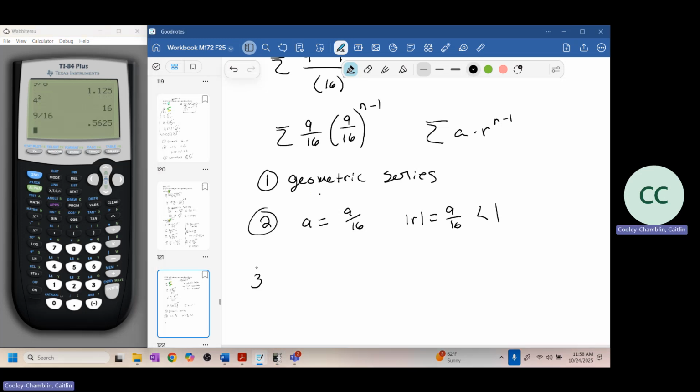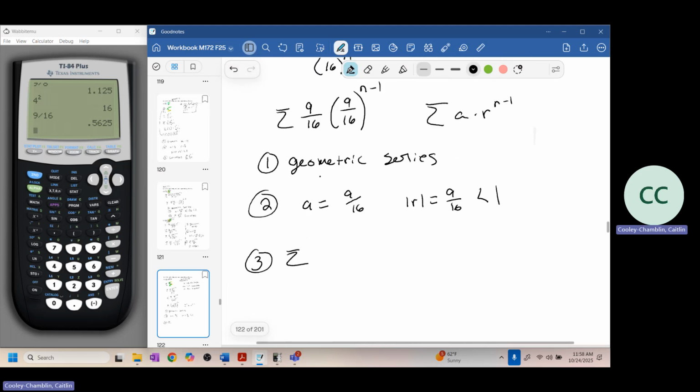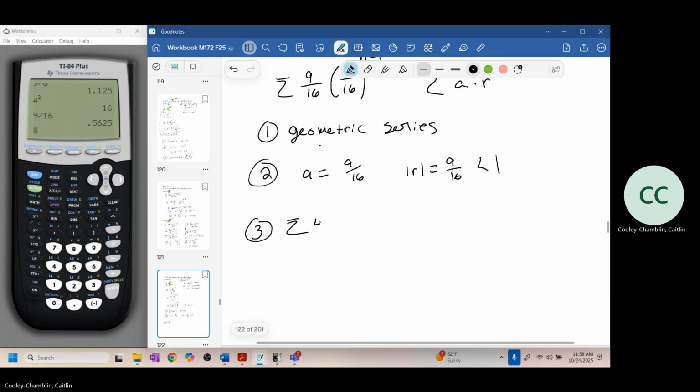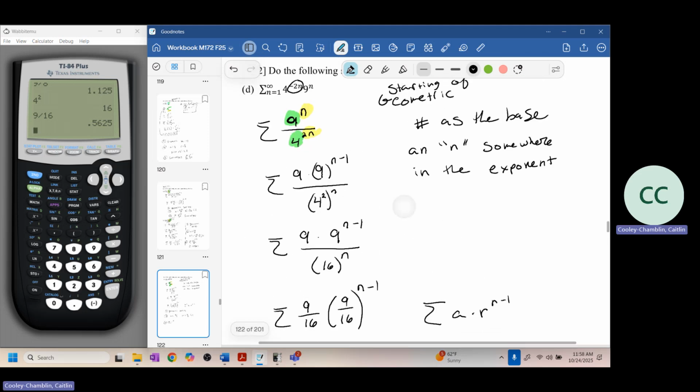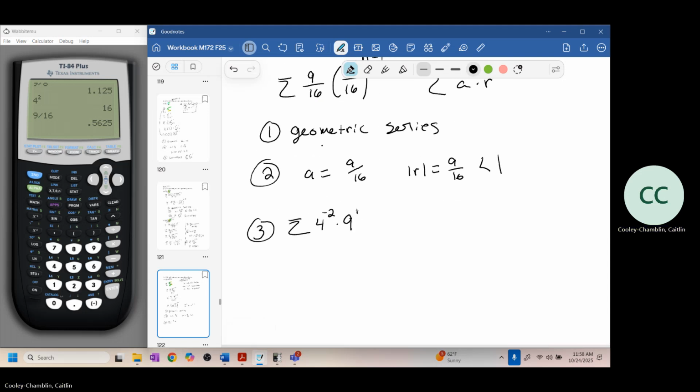So step 3, the summation, or I forgot what we were working with, 4 to the negative 2 times 9 to the n, converges.